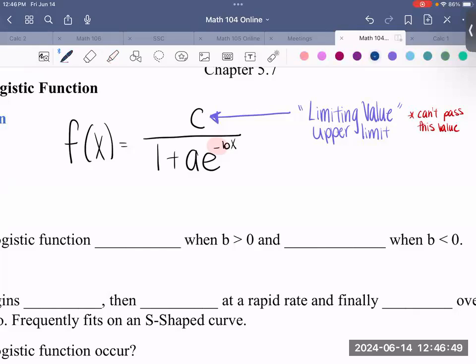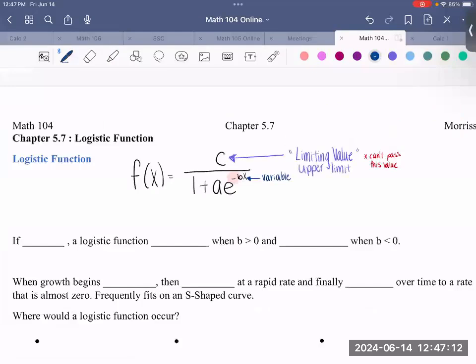Now, X is just our variable term. So just be aware, we won't have to be putting together any of these equations like we have in the past. They're just going to be giving these values to us.